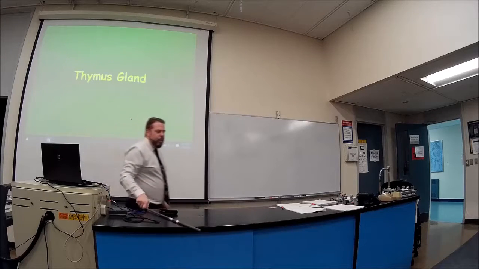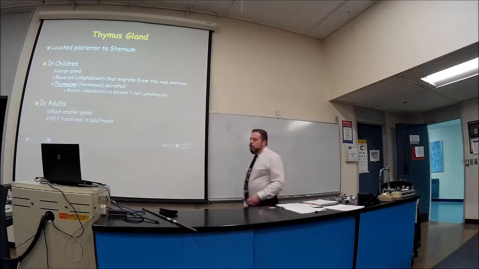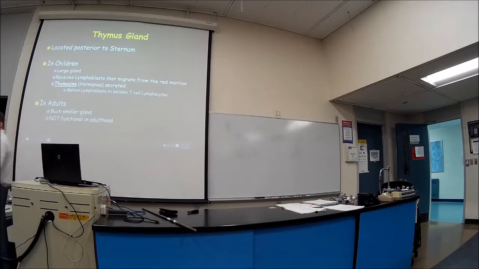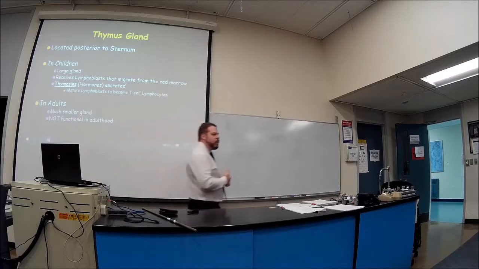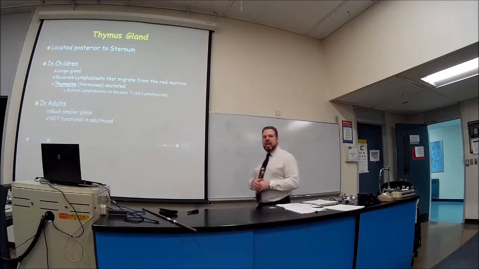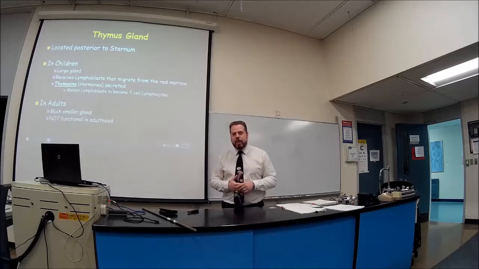All right, very briefly about the thymus gland. Okay? Not much here, but I want to say it's located behind the sternum, on top of or anterior to the heart. And in children, this is a very active and very large gland. In adults, as you get older, it becomes non-existent.